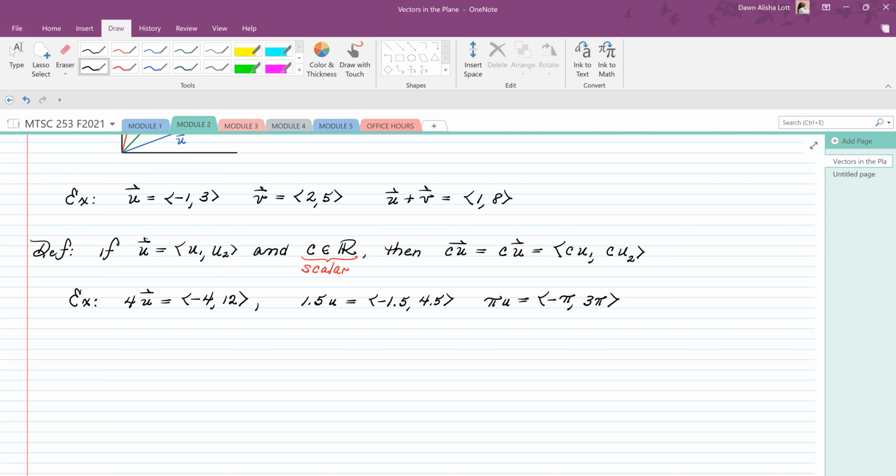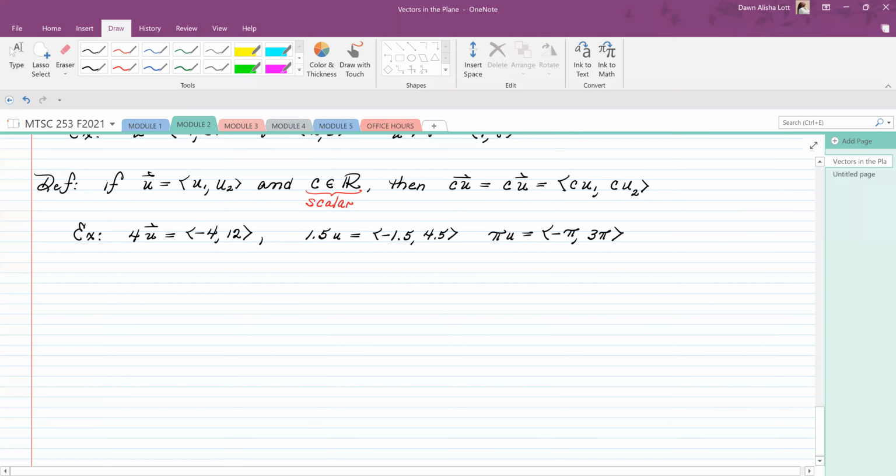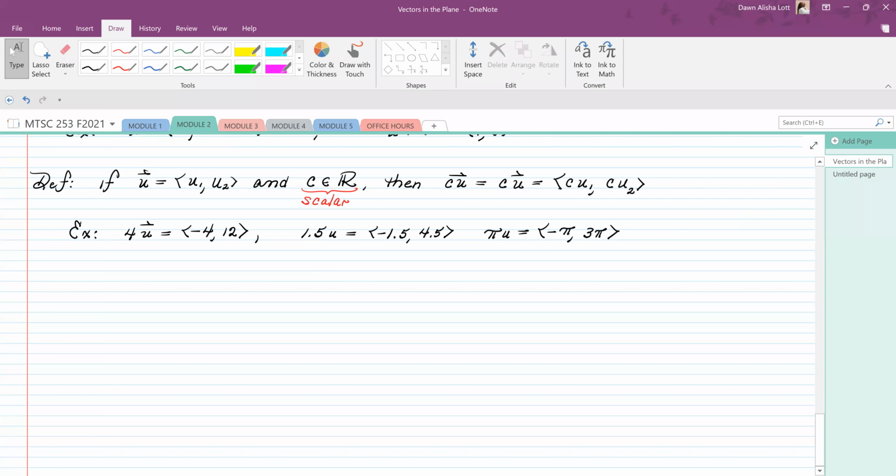All right, so how does that change the length though? So let's see what it does. So I have the length now of the vector cu, which is the length of (cu1, cu2). All right. So let's do the length squared.